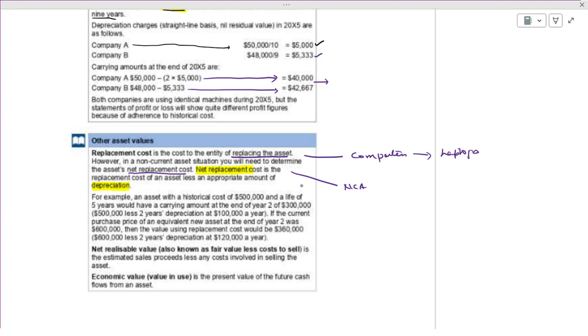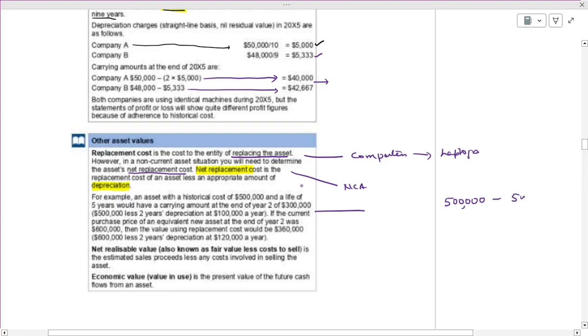What they are saying, I will put it in statement form. You have a historical cost of 500,000. Life is going to be 5 years. What is the carrying amount at the end of year 2? The carrying amount at the end of year 2 is 300,000.